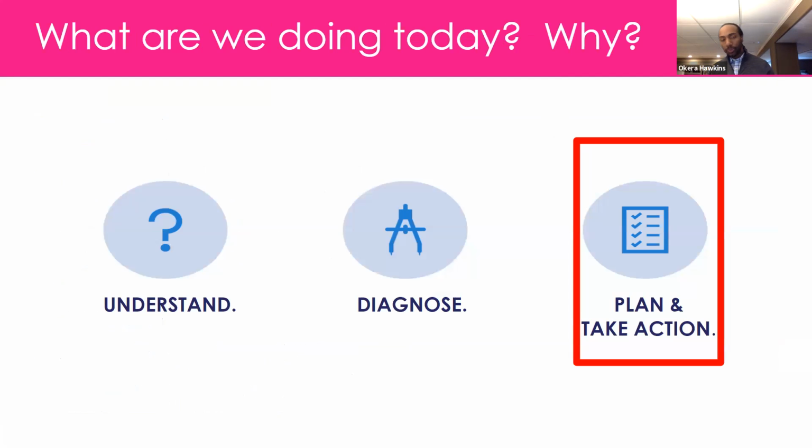Okay, and so our focus today is going to be planning and taking action specifically around small group and individualized intensive supports. The last time we were together, we looked at supports relating to whole group or small group acceleration support. So that was a different takeaway.